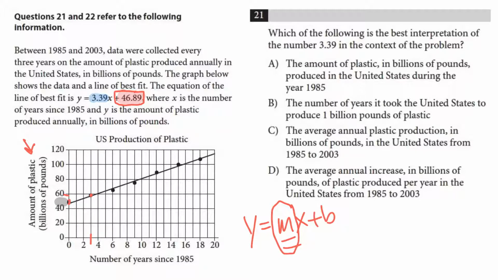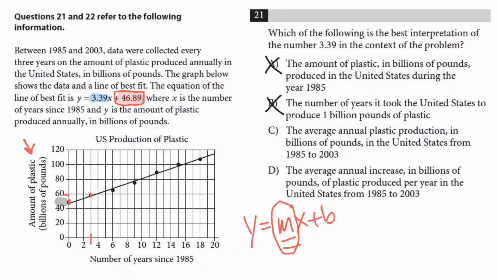All right, B, the number of years it took the United States to produce 1 billion pounds of plastic. Again, no, that doesn't fit with the graph. All right, C, the average annual plastic production in billions of pounds in the United States from 1985 to 2003.